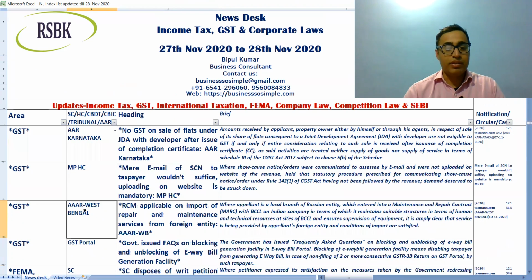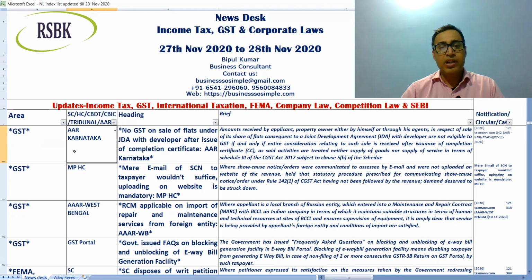Let's cover updates on GST. Authority for Advance Ruling, Karnataka: no GST on sale of flats under a JDA with the developer after issue of the completion certificate.